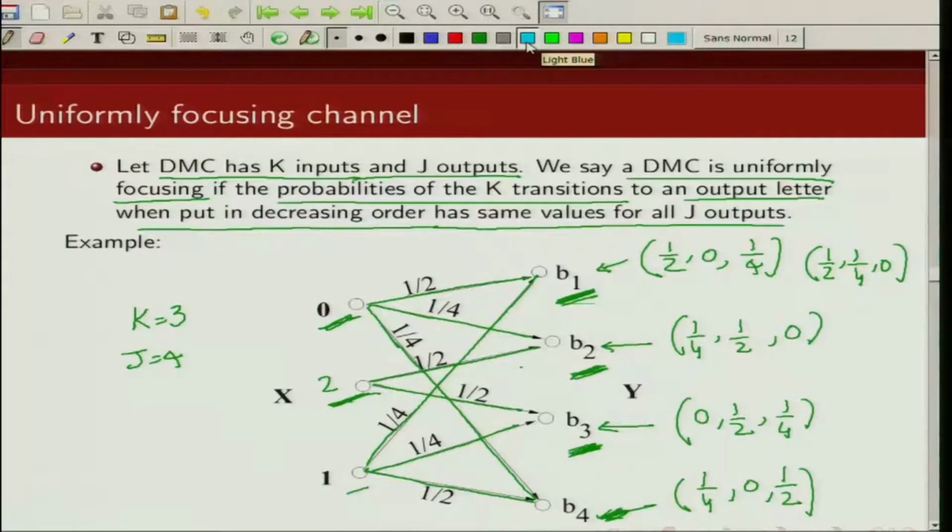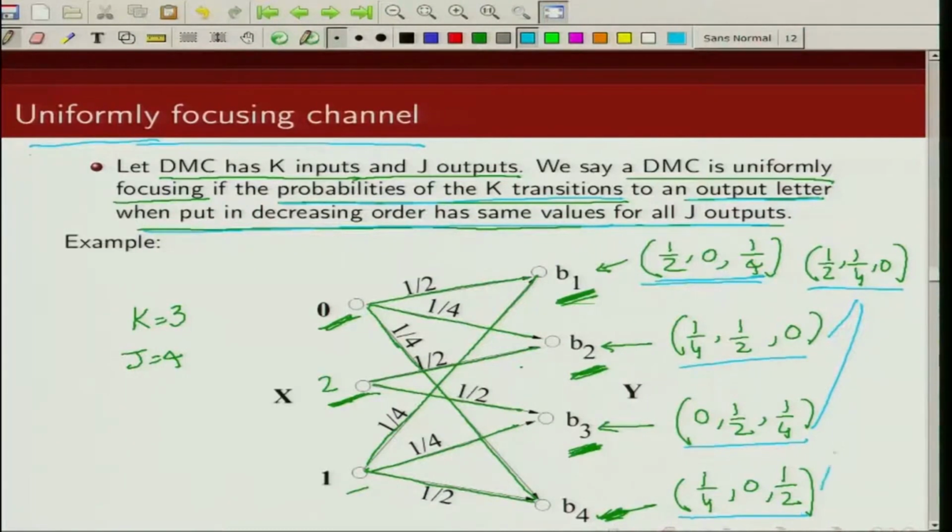So note that if the probabilities of all these k transitions to any output letter, when put in decreasing order, have the same values for all j outputs, then it is a uniformly focusing channel. In this case you can see, if I put this in descending order I get this, and likewise for each of the others.